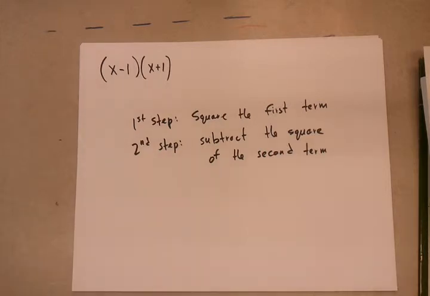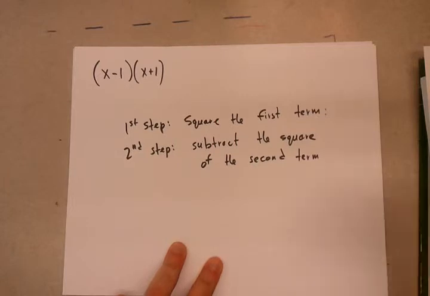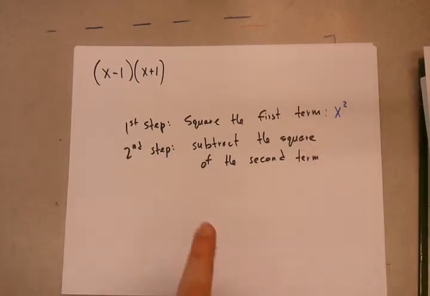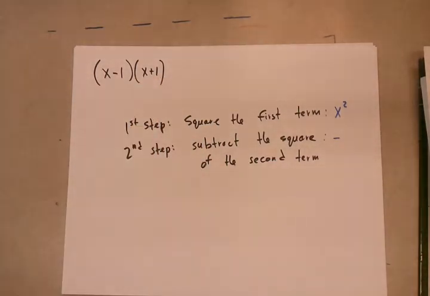Which term to use doesn't really matter. You can use the x here or the x here. They're both first terms. So I'm going to square it, and x to the second power is just x squared. Done. Then I'm told to subtract, so it's going to be a minus the square of the second term. Well, I actually have 2 different second terms. I have a 1 and a -1.